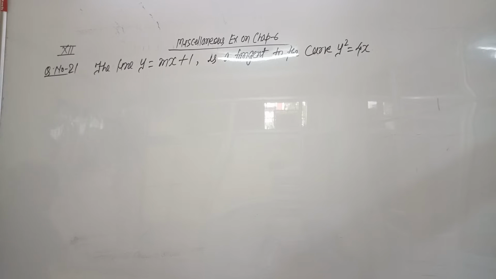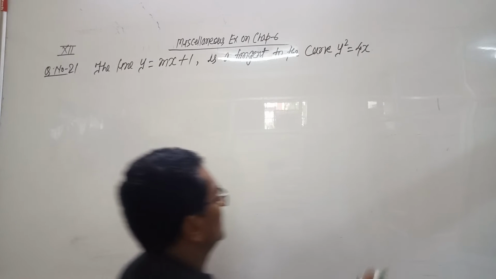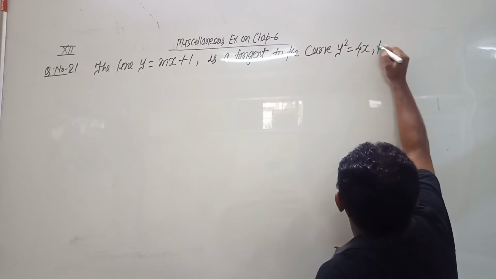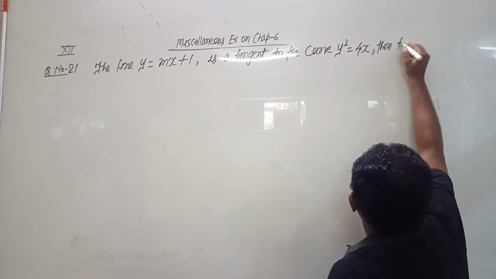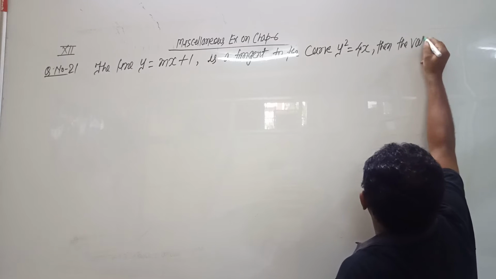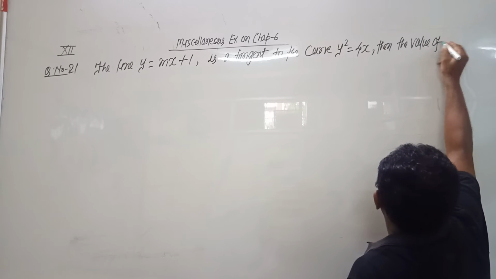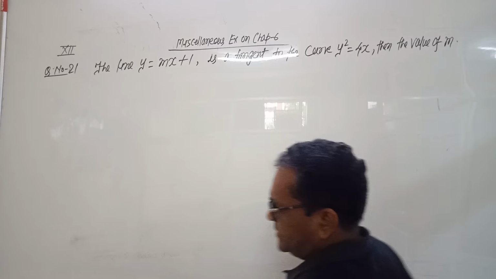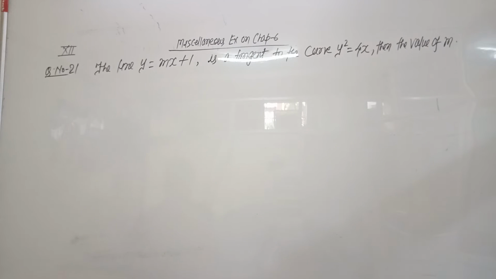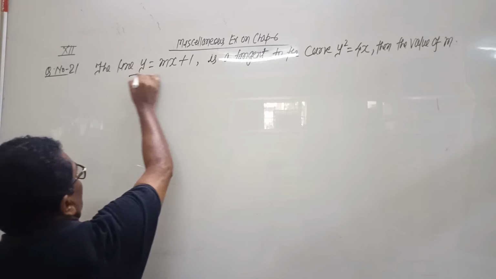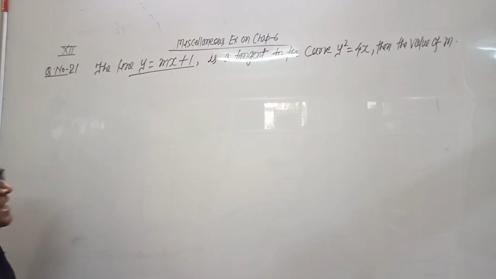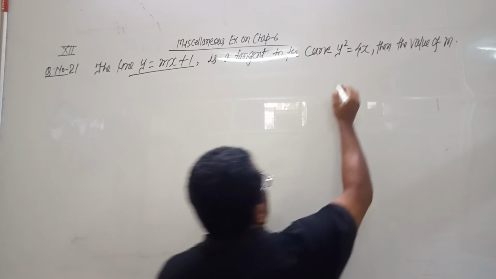If so, then we have to calculate the value of m. In the question it is given that the line y equals mx plus 1 is a tangent to the curve y square equals 4x.